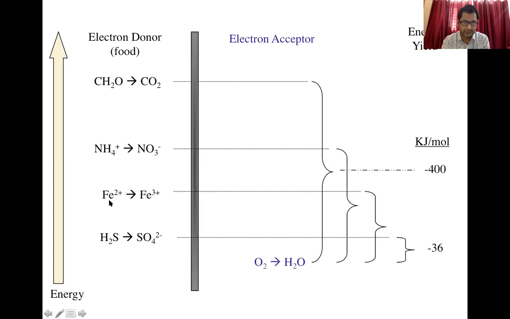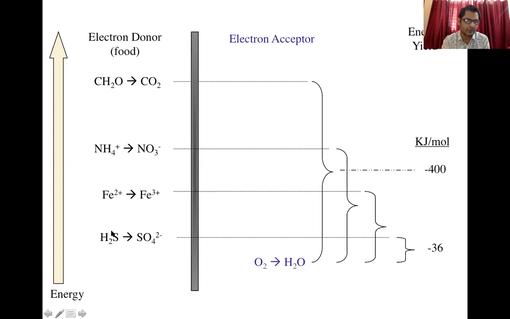Then the third one is ferrous ion converted into ferric in the presence of oxygen. And the fourth one is sulfide converted into sulfur, not to sulfate, but any oxidized form. Sulfide is the most reduced form of sulfur.